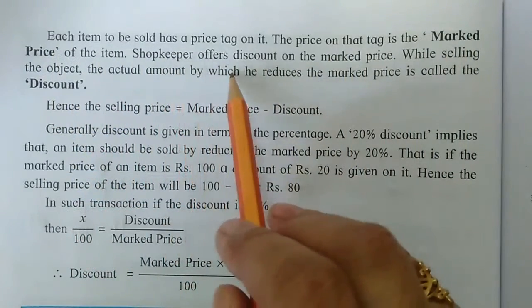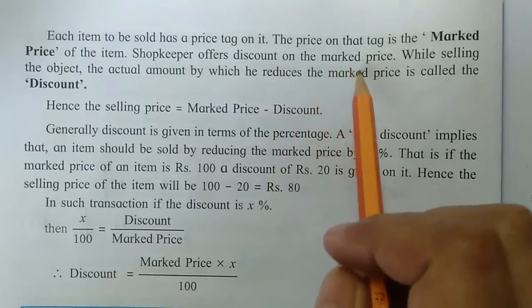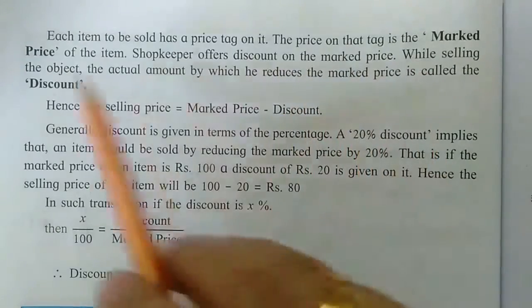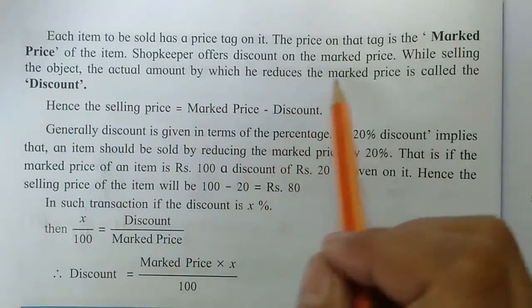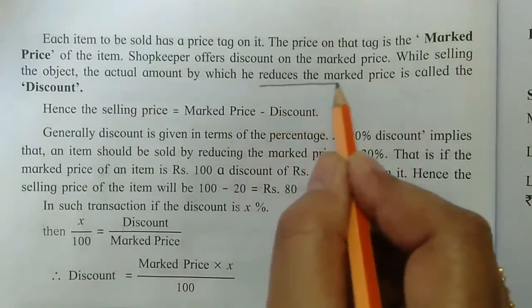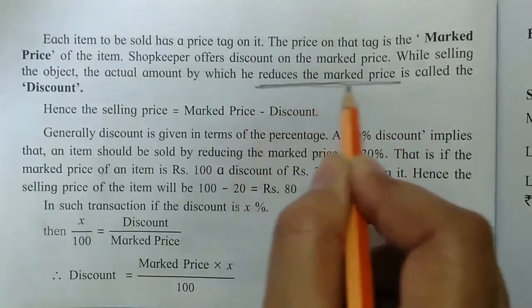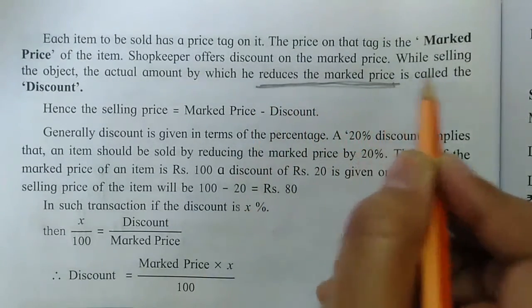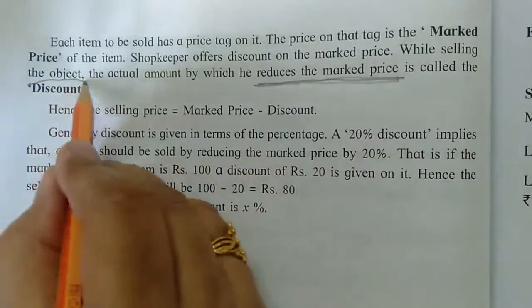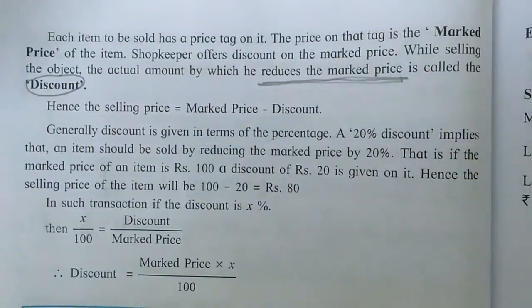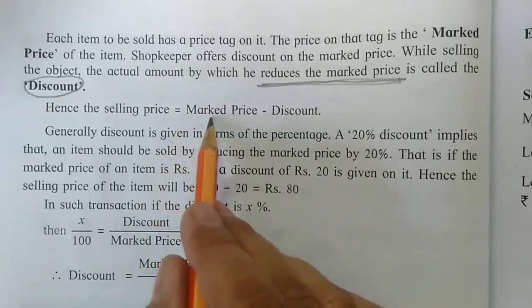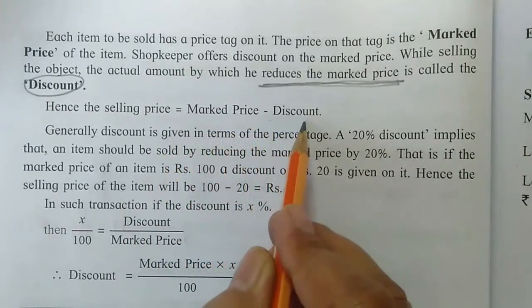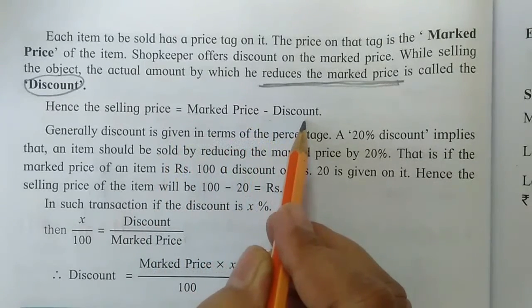The shopkeeper offers a discount on the mark price while selling the object. The actual amount by which he reduces the mark price is called a discount. Understood? So therefore selling price is equal to mark price minus discount.